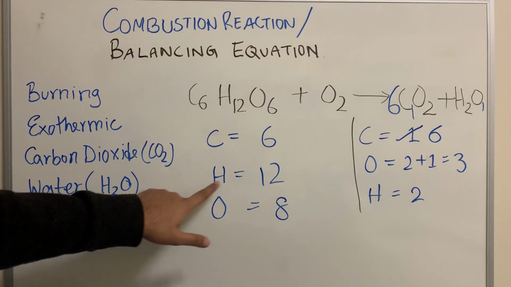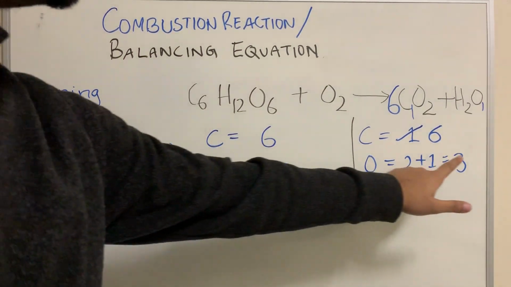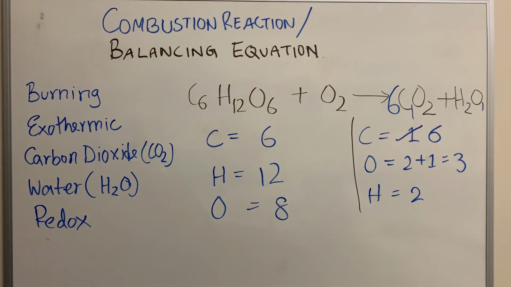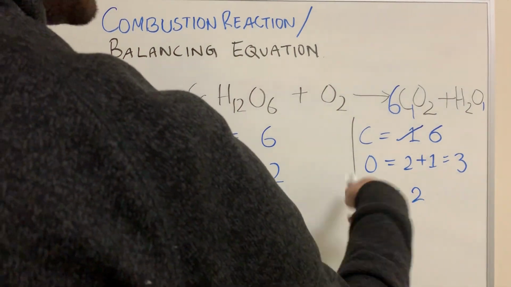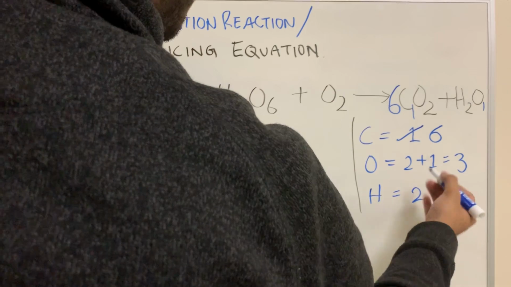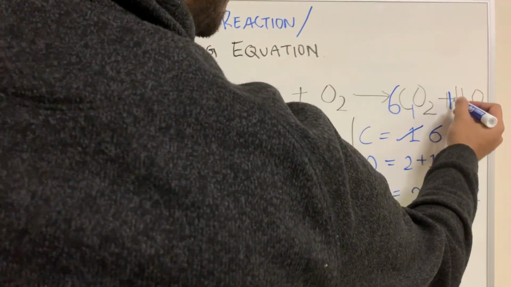Let's look at hydrogen. So you have 12 hydrogens on the left-hand side. On the right-hand side, you only have 2 hydrogens from water. So to balance that, you need to multiply it with a coefficient so that 2 multiplied by that coefficient gives you 12. So we know that 2 multiplied by 6 would give us 12. So we put in 12 here.